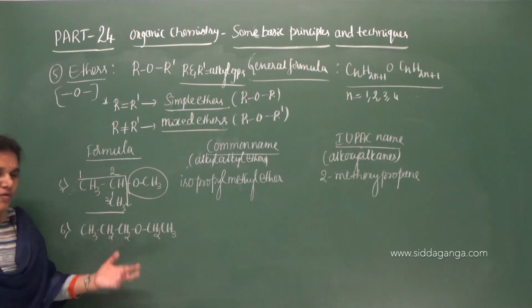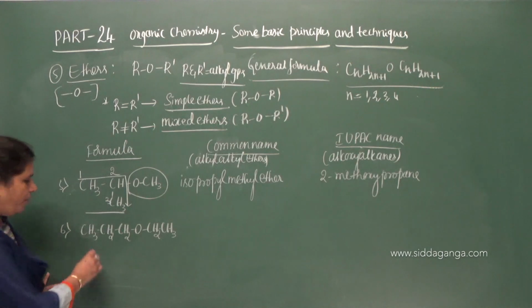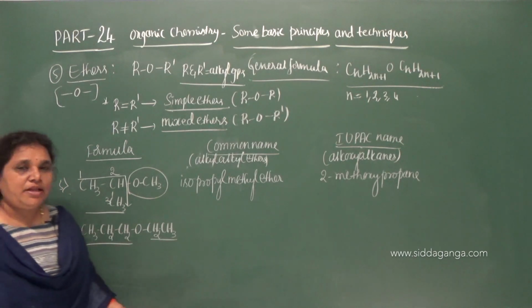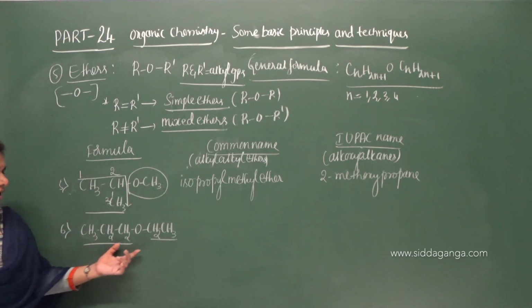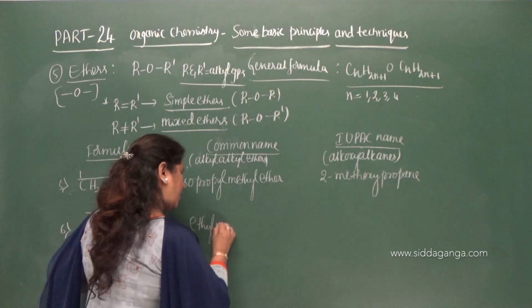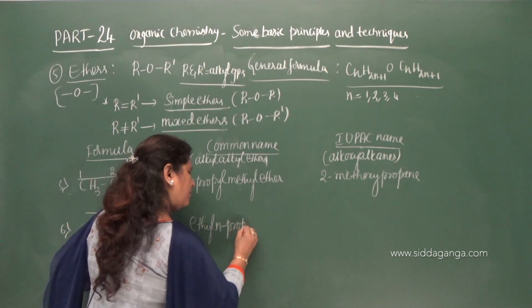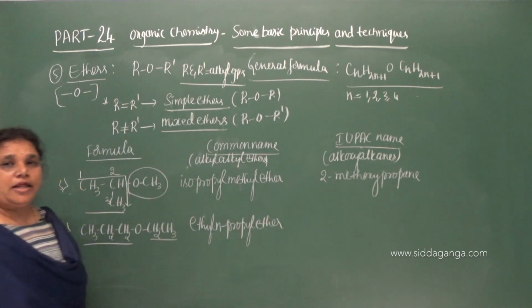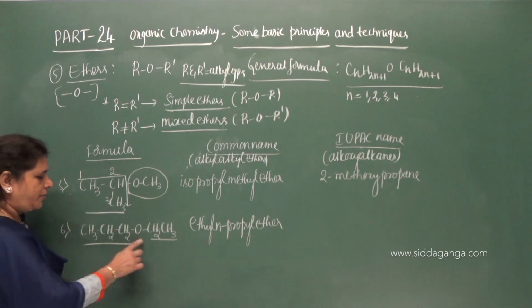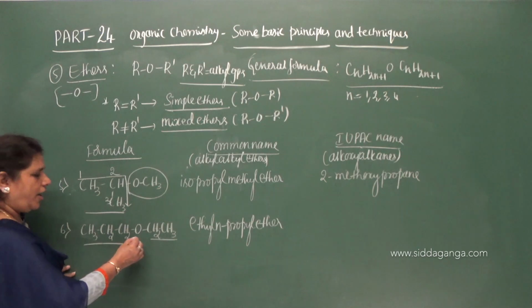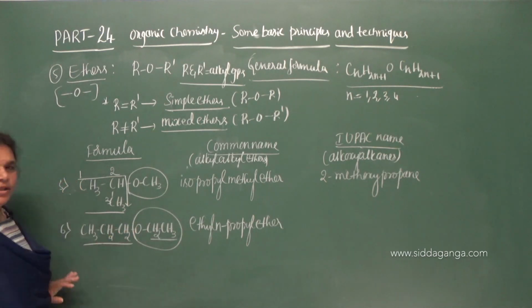Now what about this? We have a propyl group, n-propyl, and an ethyl group. Arrange them in alphabetical order, propyl and ethyl. Ethyl comes first and then the propyl. Therefore, ethyl, n-propyl, ether. And what about the IUPAC name? Since the ethyl group is smaller, you have to take the ethyl group along with the oxygen.